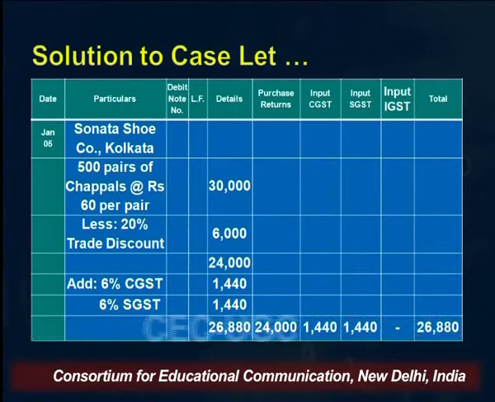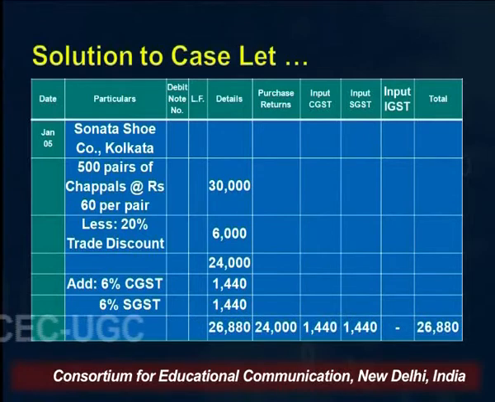So we will write in the details column 500 pairs of chappals at the rate of 60 per pair. So 30,000 total amount, less trade discount of 20%, so 6,000. So your net amount which is liable for taxation is 24,000, right?